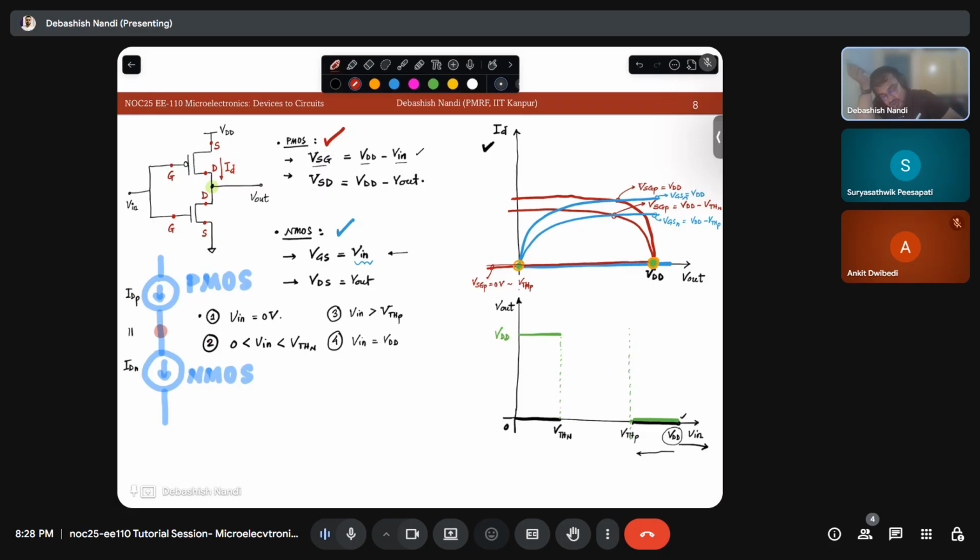This red line is 0. This red line is the ID of PMOS, okay? And blue line is the ID of NMOS. Fine? Yes, sir. So if V in is VDD, so VGS is VDD. So NMOS is on, right? So NMOS will have this current.